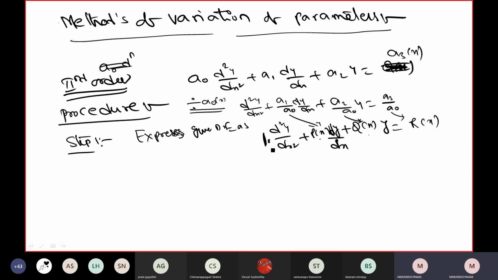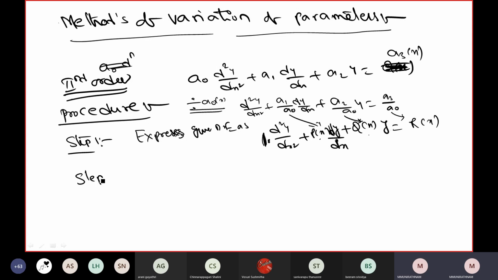So our first step is to express the given differential equation in the form d square y by dx square plus p of x into dy by dx plus q of x into y equal to r of x. That is our first step.